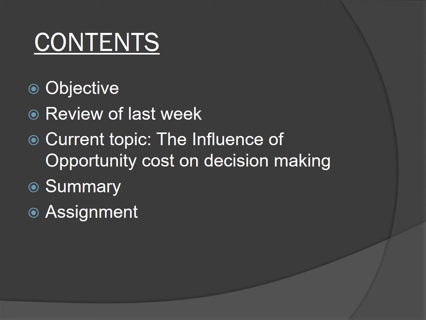In the content section, first of all, we will check the objectives. After that, we will review the last week topic, and then we will discuss the current week topic, which is the influence of opportunity cost on decision making. After that, we will summarize the topic and then we will check the assignment.